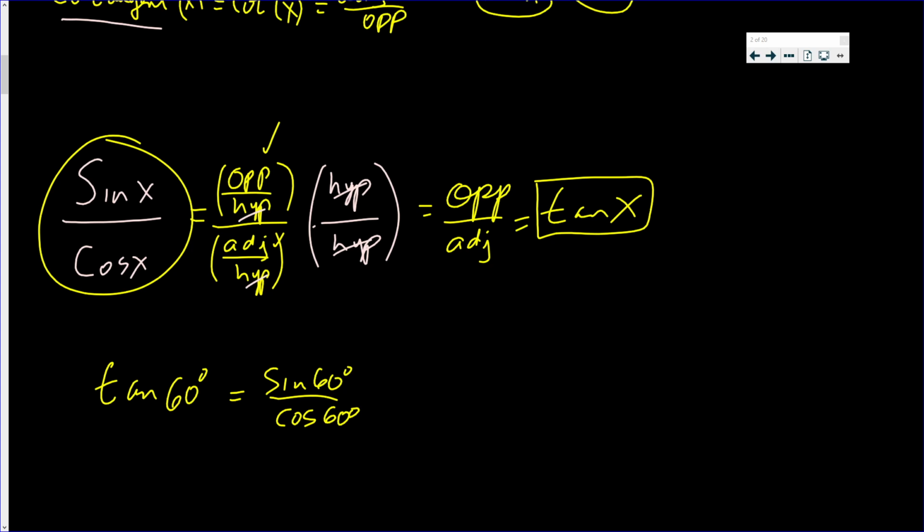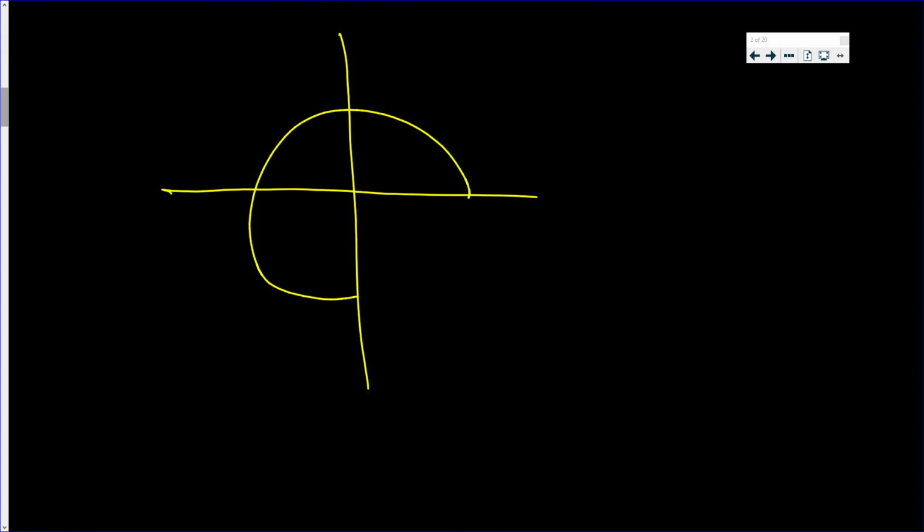Okay. Now, let's prove this very important theorem. Suppose you have a circle of radius r. That is, x squared plus y squared is equal to r squared. Now, let's take any angle t.